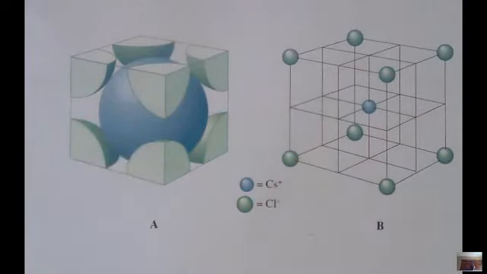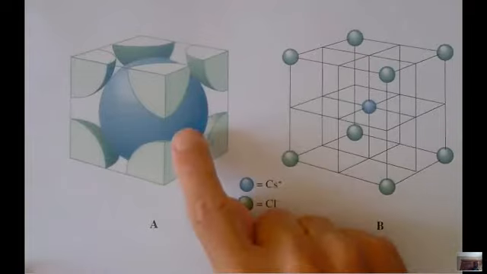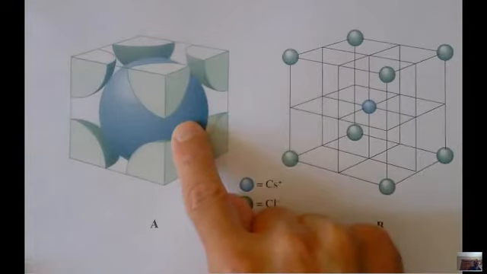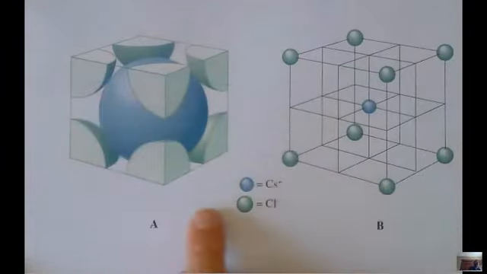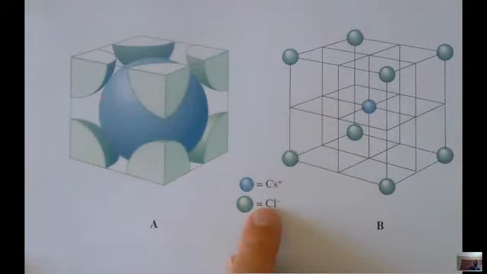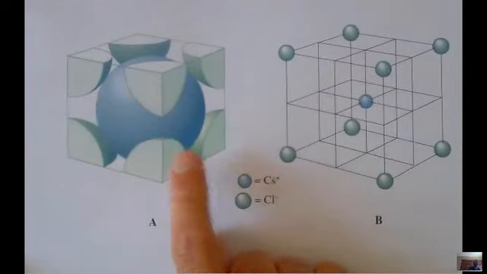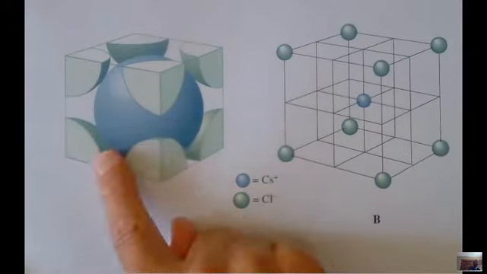I would describe this as cesium chloride is a simple cubic chloride, okay, with a cesium in the center of the unit cell. One more time, it is a simple cubic chloride with cesium in the center of the unit cell.